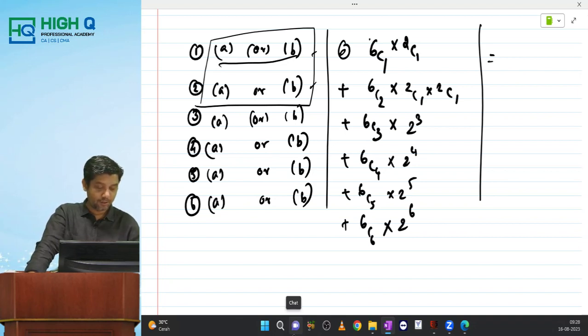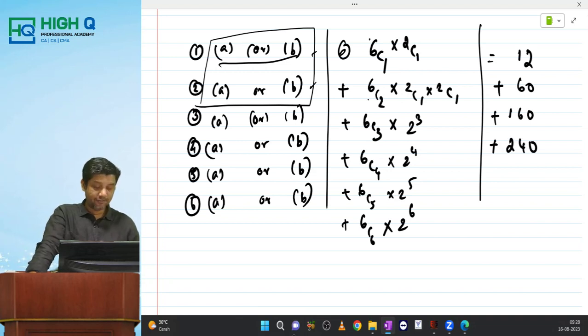Okay, I will do it. 6 2s are 12. 6C2 is 15. 15 4s are 60. 6C3 is 20. 20 8s are 160. 6C4 is 15. 15 into 16, 240. 6C5 is 6. 6 into 32, 192.